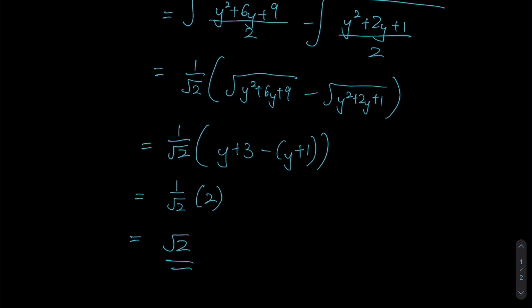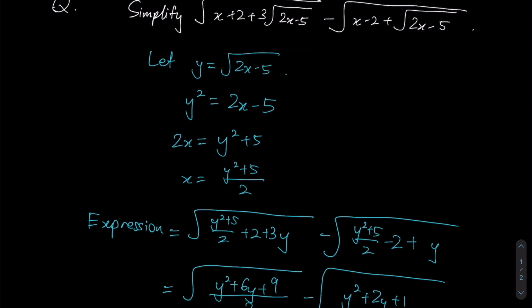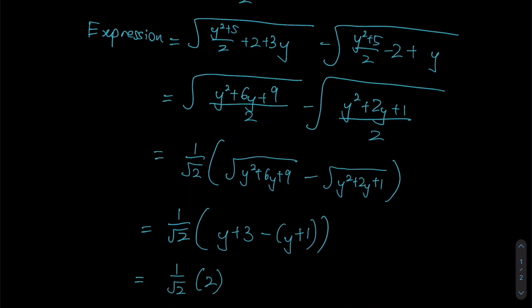Just to recap, every time you encounter a compound quadratic surd where the expressions within the surd don't look like they can be easily factorized, as long as you see more than one occurrence of the same expression, a substitution may be in order. In this case, we chose y to substitute the root of 2x minus 5, and then we had to find a way to express x in terms of y as well, such that my entire expression only contains y and constant values.